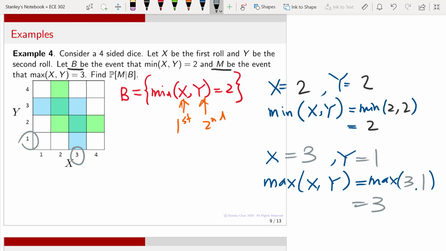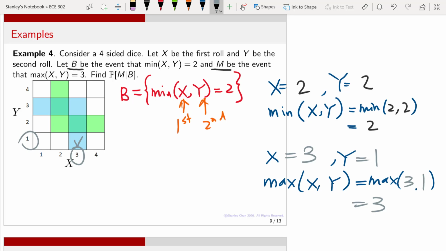And so now you check whether this is in the event M. The event is max equals 3. So this is inside this event M. Then you go along this line, and you can check all these boxes. So now we know that the blue boxes represent the M event, and the green boxes represent the B event.